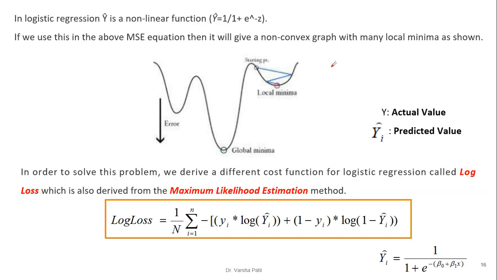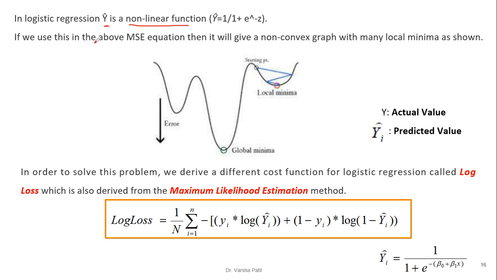In logistic regression, y cap is a non-linear function because in the derivation we need to reduce the error between the actual value and the predicted value. The actual value is either 0 or 1 in a table. So in logistic regression we use y cap, the predicted value, and for that we use not a linear but a non-linear function, which is 1 divided by 1 plus e raised to minus z.